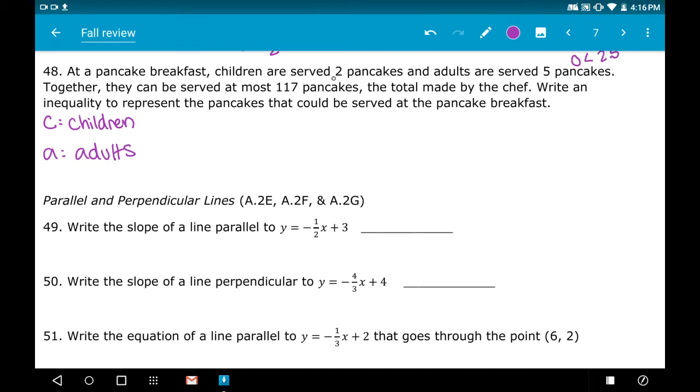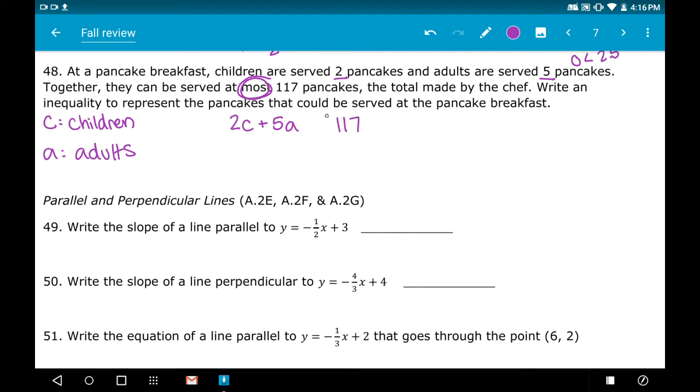So we know that each child gets served 2 pancakes, so that would be 2 times the amount of children. And then it would be 5 pancakes for adults, so 5 times the amount of adults. And they can be served at most 117.